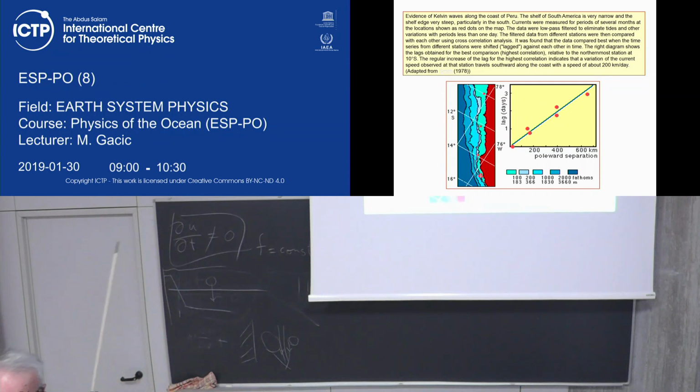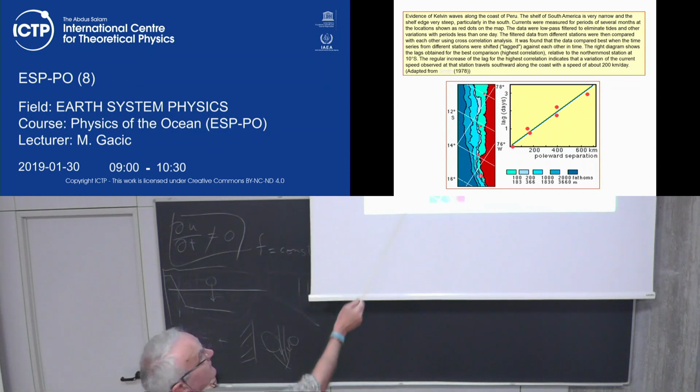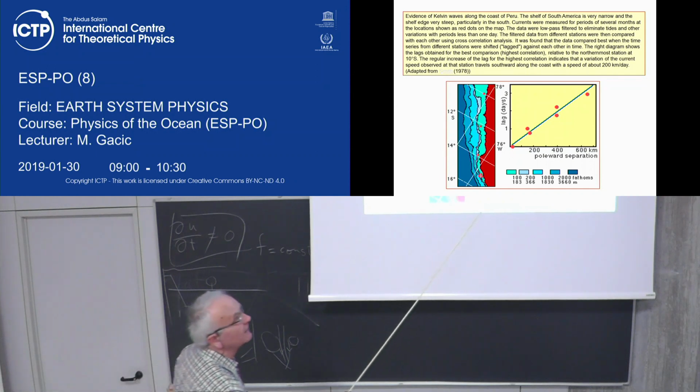Why relative to the northernmost station? Because the wave first passes the northernmost station and then goes southward. As you can see, the regular increase of the line for the highest correlation indicates that the variation of the current speed observed at this station travels southward along the coast with a speed. This is important.